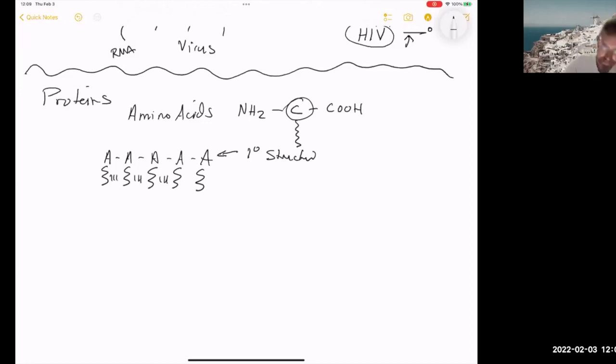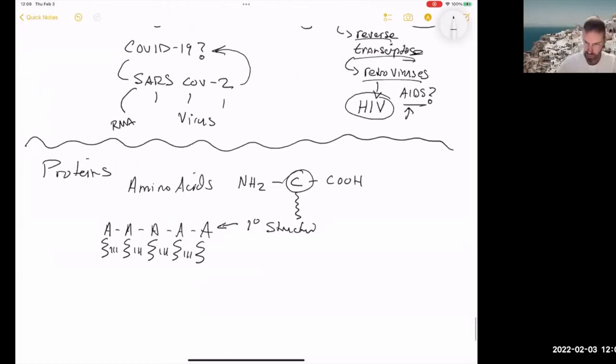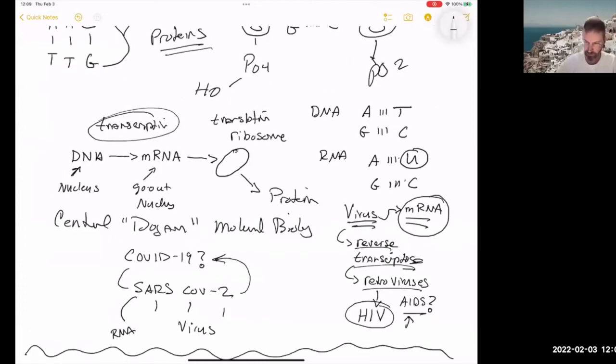So you have intermolecular forces. What happens is that long chain begins to fold and twist, and then that produces the complex structure of the protein. So the primary structure is just the sequence of amino acids. The sequence of ATGCs, or in the case of RNA, the AUGCs, tell the ribosomes, okay, I need this amino acid combined with this, combined with this, combined with this, right?